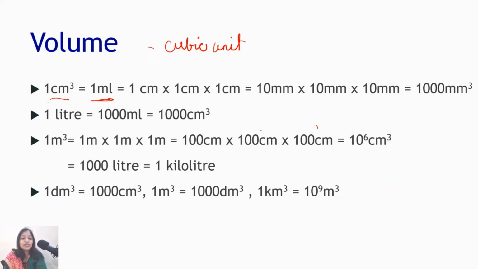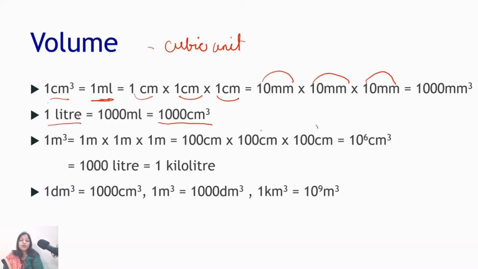So 1 centimeter, 1 centimeter, 1 centimeter. If we have to convert it into millimeter, we are going to multiply 10 three times and we get 1000. Now if we have 1 liter, 1 liter is 1000 ml. Remember it. 1 liter is 1000 ml and which is going to be equal to 1000 centimeter cube. This is very, very important.